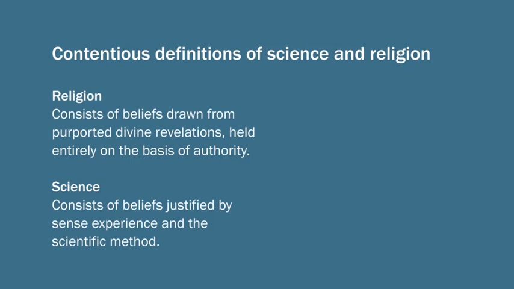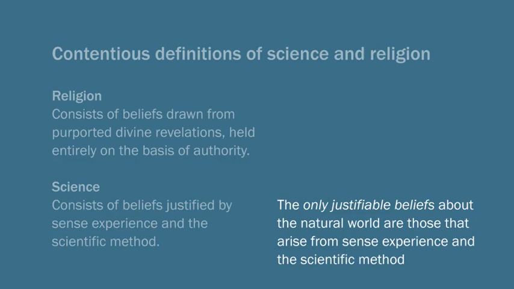So what do we have to add in order to draw the conclusion that science and religion are in principle in conflict on this point of view? Well, what we have to add is something that's really quite controversial. The principled conflict arises only when we add to this characterization of science that the only justifiable beliefs about the natural world are those that arise from sense experience and the scientific method.